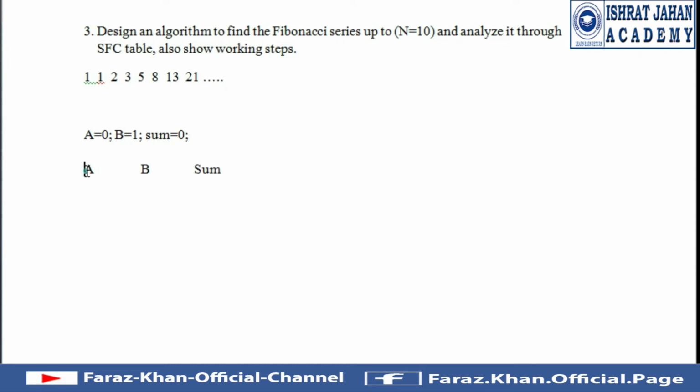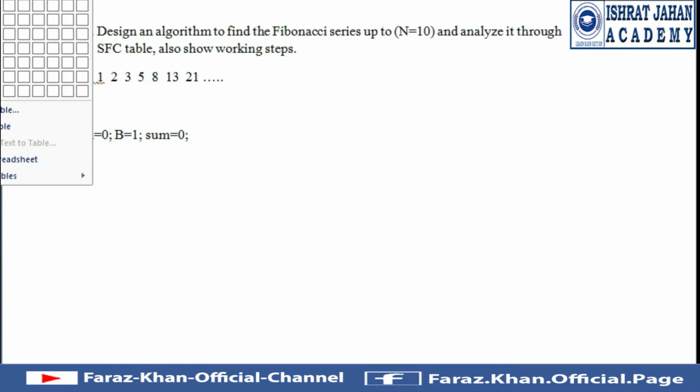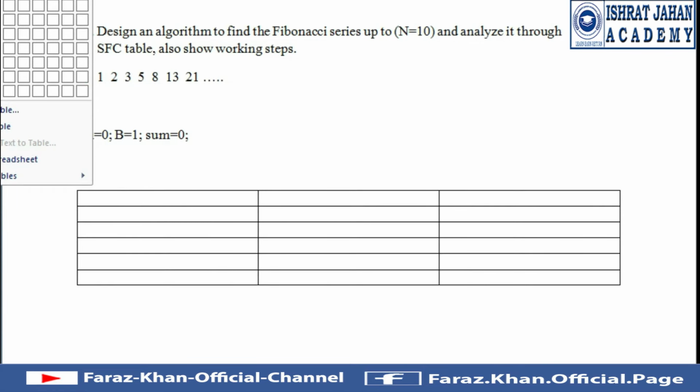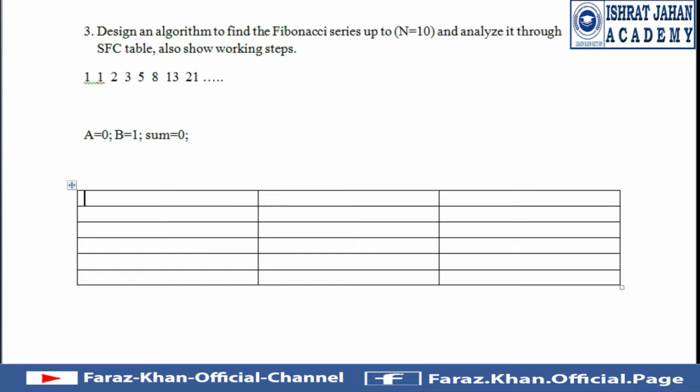Let me insert a table so I can explain it in a better way. A, B, sum. So in this step, A is 0, B is 1, and sum is 0, right?